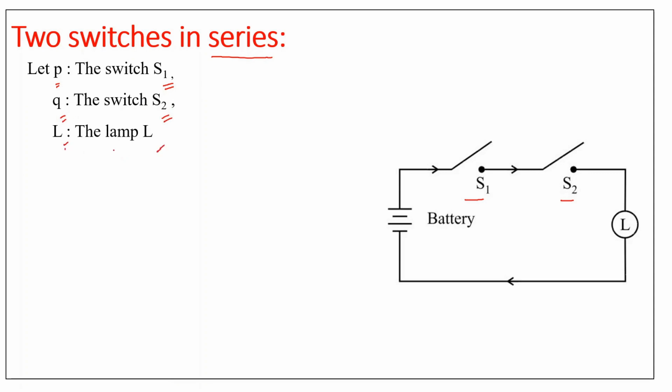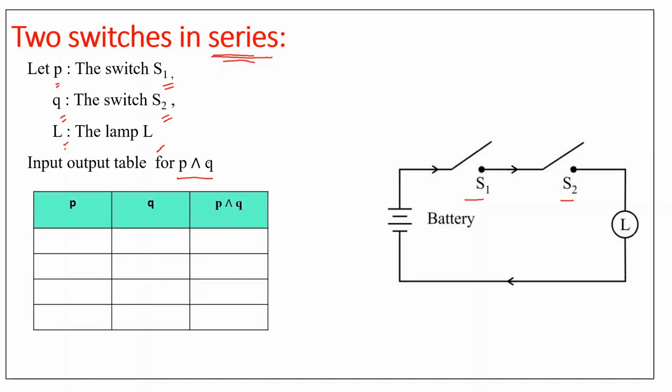Now we make an input output table, as we have seen the truth table in statement patterns, that is, the logical pattern. So here we will see the input output table for P and Q, that is, when switches are in series.